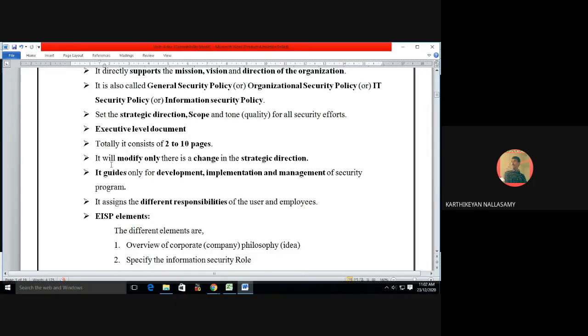This EISP provides guidance for the development, implementation and management of a security program for the entire organization.